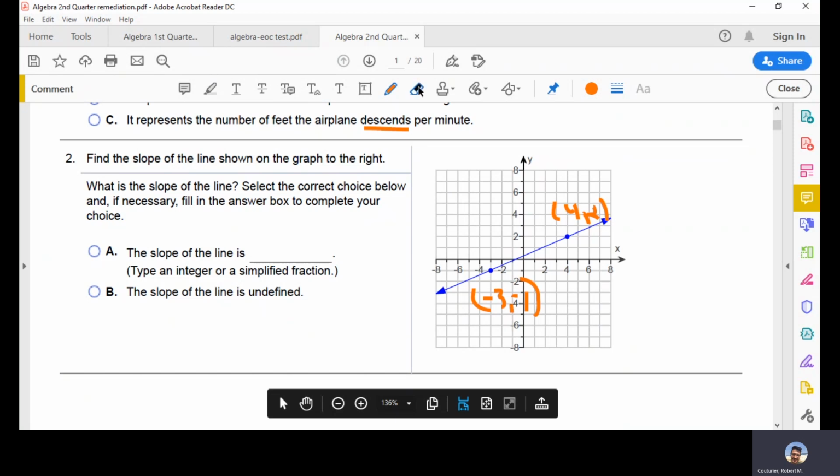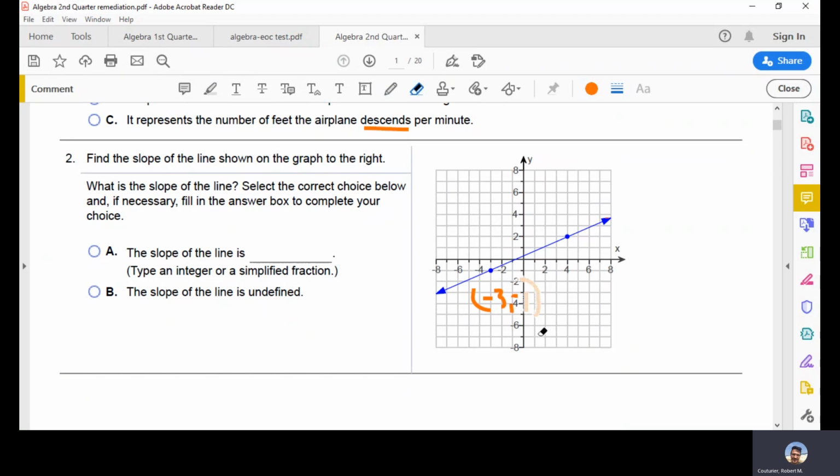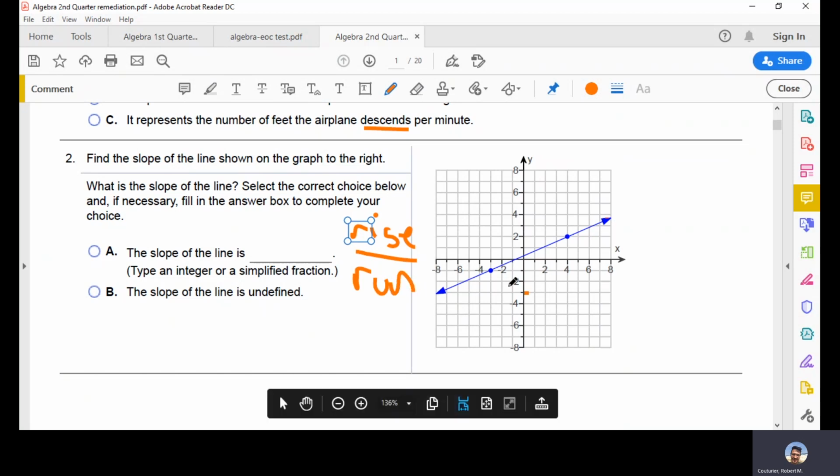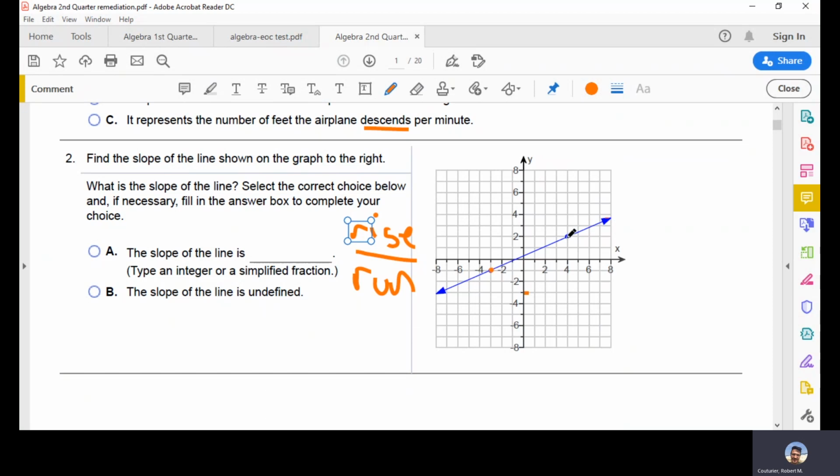Here's an easier way to do it, guys. Why do you want to make more work? Even if we were feeling a little lazy, you can use rise over run to find your slope. They gave us two identified points. We rise, making a 90-degree angle, going from this point to this point. Are we going up or down? If you go up, it's a positive number.